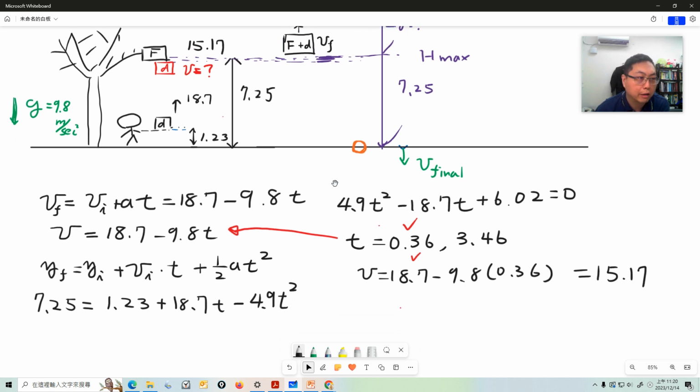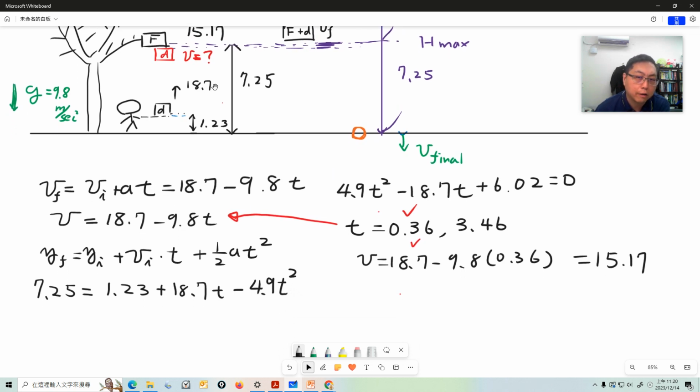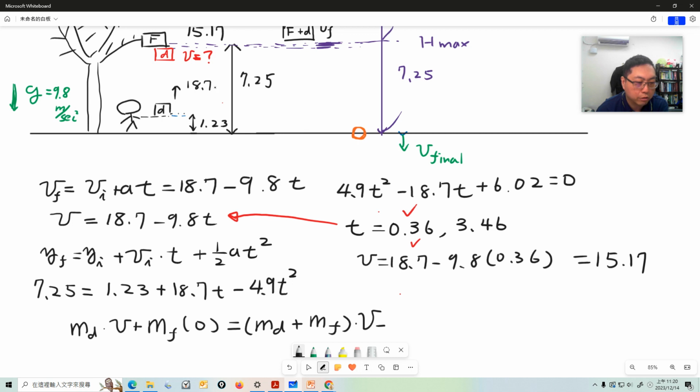Just use the momentum conservation. We have mass of the dirt times its velocity plus the frisbee mass times its velocity, and its velocity is zero because it's at rest. That equals the combined mass times the velocity, since they move together after.